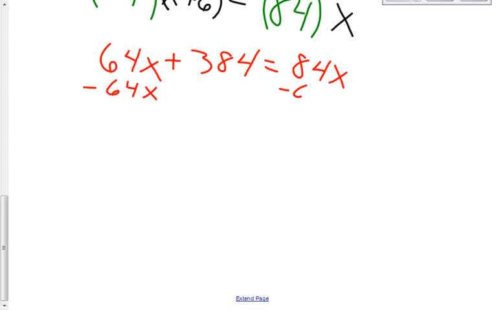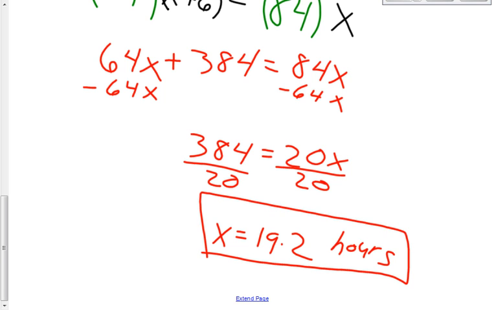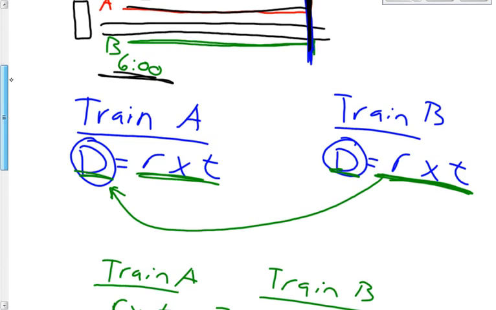Subtract 64X. 384 equals 20X. Divide both sides by 20. 384 divided by 20. We have an answer of X equals 19.2. X equals 19.2 hours. That's how long it's going to take train B to catch train A.